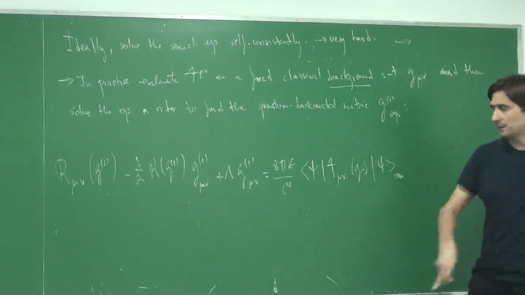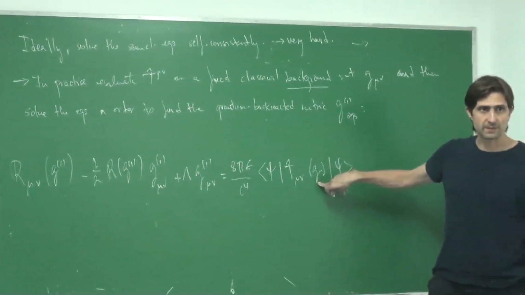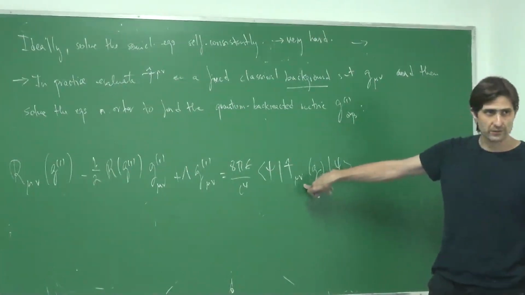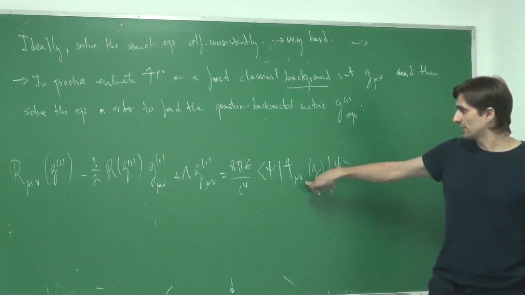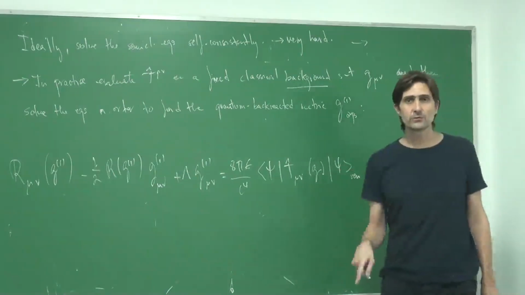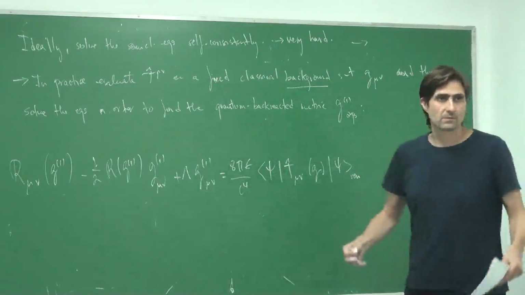You could say some background spacetime. It doesn't have to be flat spacetime, it could be a curved spacetime. Put some matter on it, and evaluate the stress energy tensor for that matter on that background spacetime. You put that on the right hand side of the Einstein equations, and then solve them.